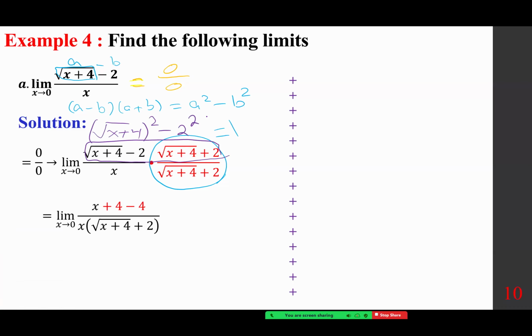You keep it as a product, because x is approaching 0 and the 0 in the denominator is a problem. You're hoping it drops. 4 and minus 4 cancel each other. x and x cancel each other. And if you plug in 0, you get square root of 4, which is 2, and 2 plus 2 is 4. So the answer is 1/4 as the final answer.